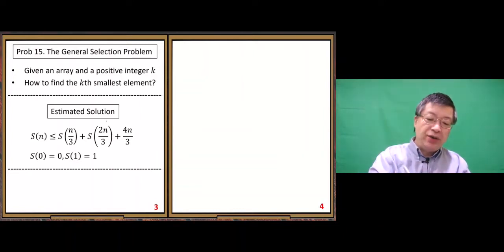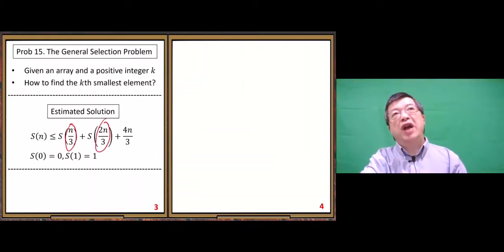The reason is, how do you handle fractions as the parameters of recursive functions? How do you handle that? You may like to make the problem size an integer, right? That will be very complicated.